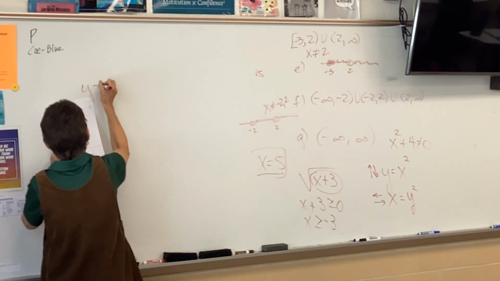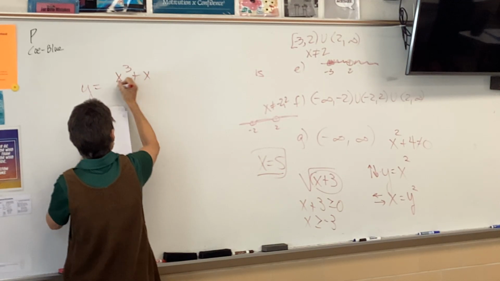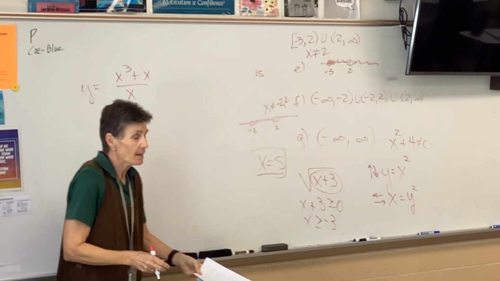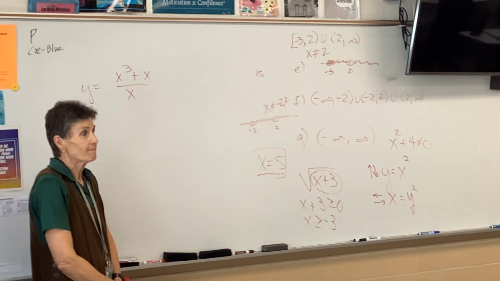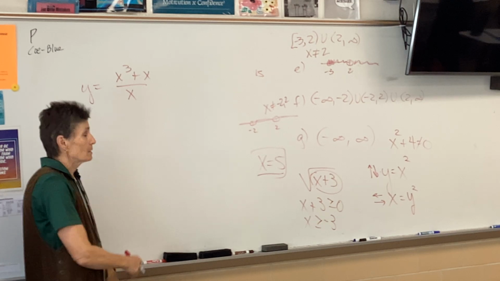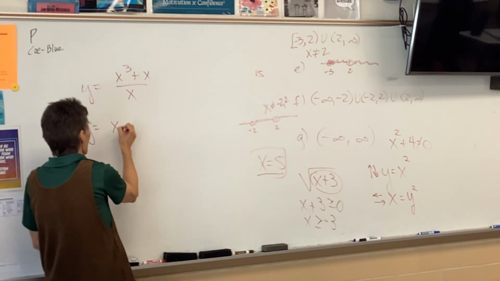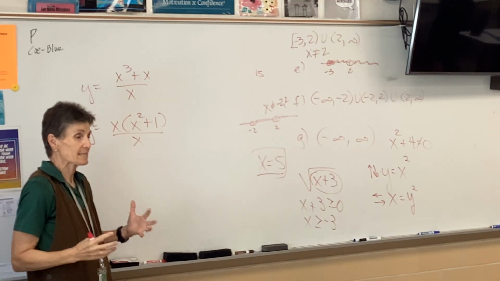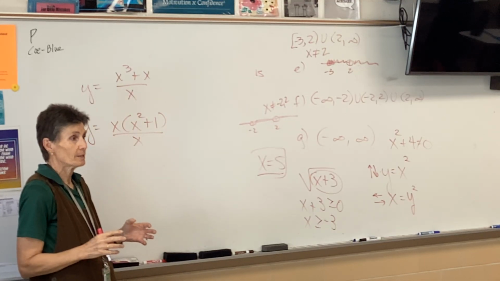Let's look at our equation, Harper. We have x cubed plus x over x. Can the numerator factor? We can take out an x. Is everybody following along? I feel like I'm getting excited here. I love my discontinuities.